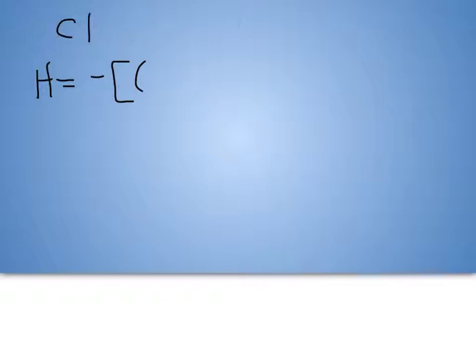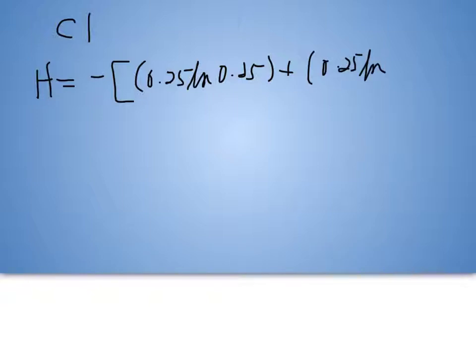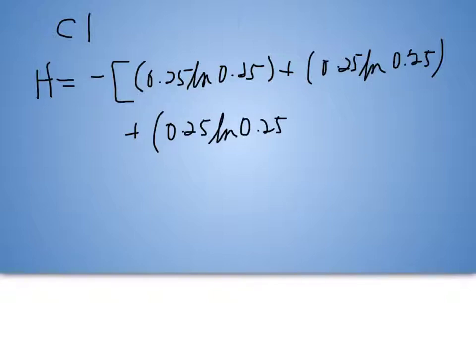So species A, for example, has a relative abundance of 0.25 times the natural log of 0.25, plus species B has a relative abundance of 0.25 times the natural log of 0.25, plus the same thing here, 0.25 natural log of 0.25 once more, plus 0.25 natural log 0.25.